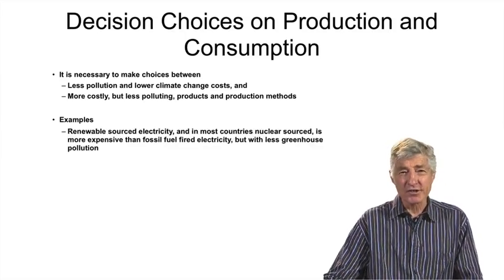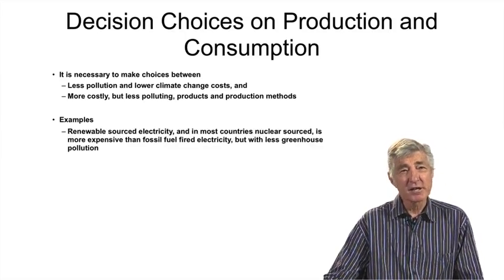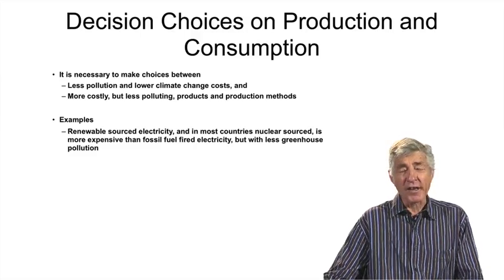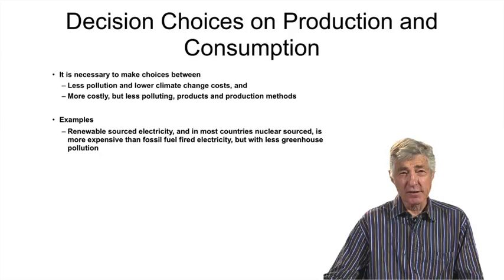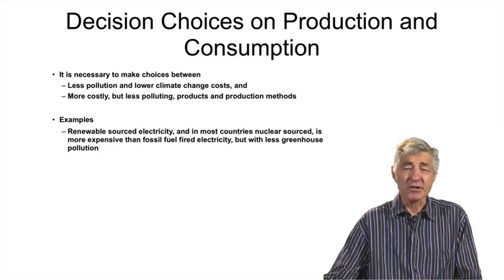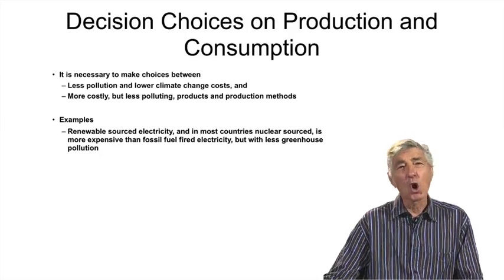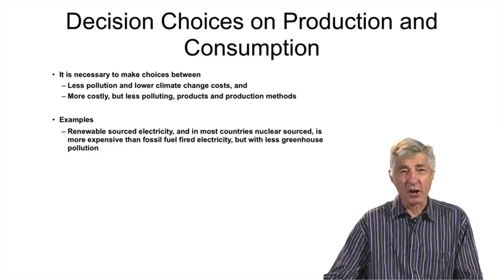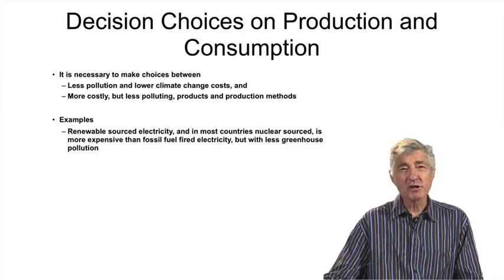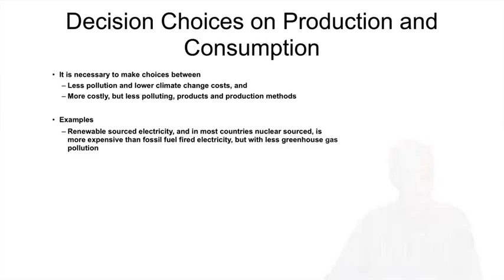In most countries, the cheapest way to get electricity is by burning coal and gas. But that involves greenhouse gas emissions at the same time. On the other hand, we could get our electricity from nuclear, and countries like France get over 70% of their electricity from nuclear, or we could get it from renewables like solar and wind. Now, under current technology, they're much more expensive, but they don't create very much pollution.